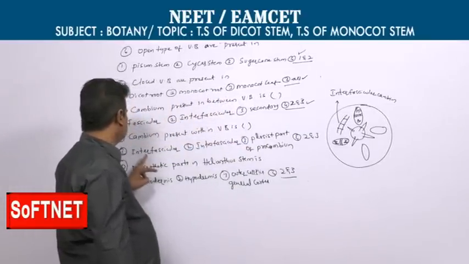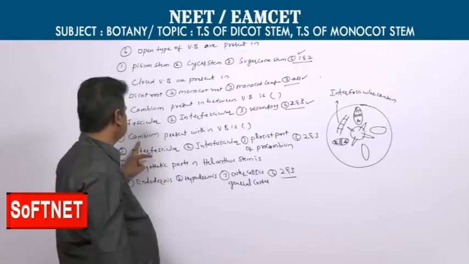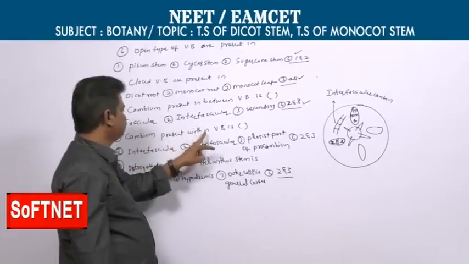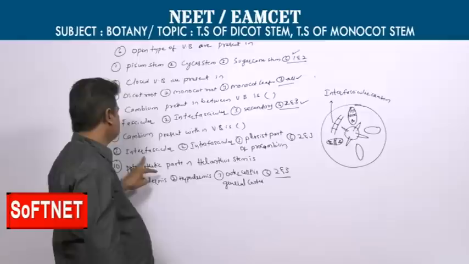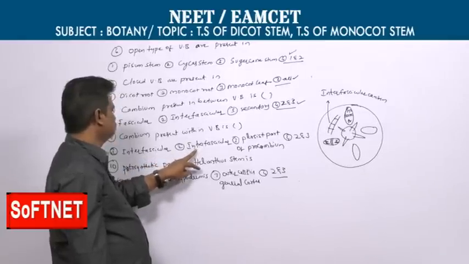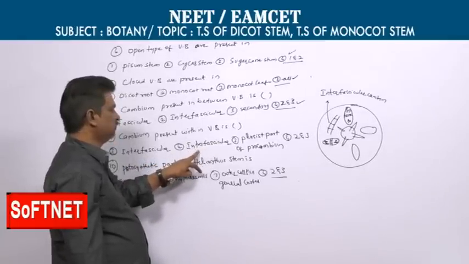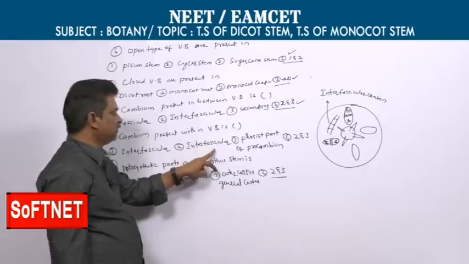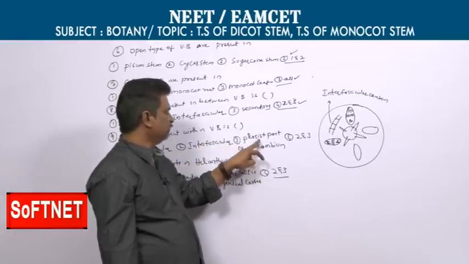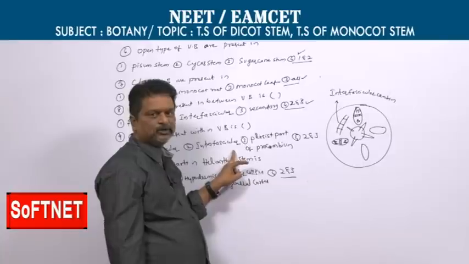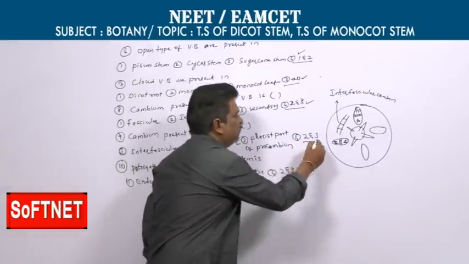That is called fascicular, so cambium present within vascular bundle is intrafascicular, and it is the persisting part of procambium. So, the answer is 2 and 3.